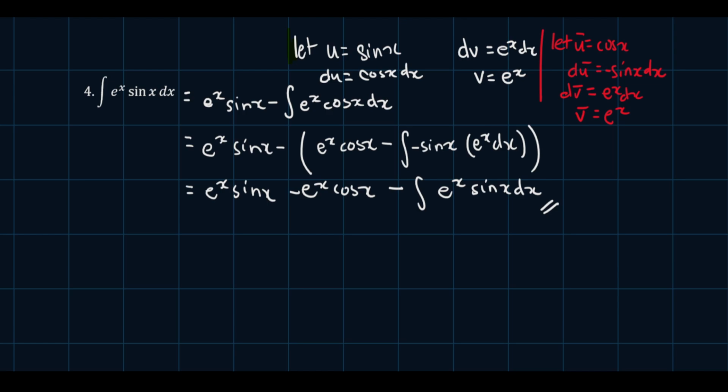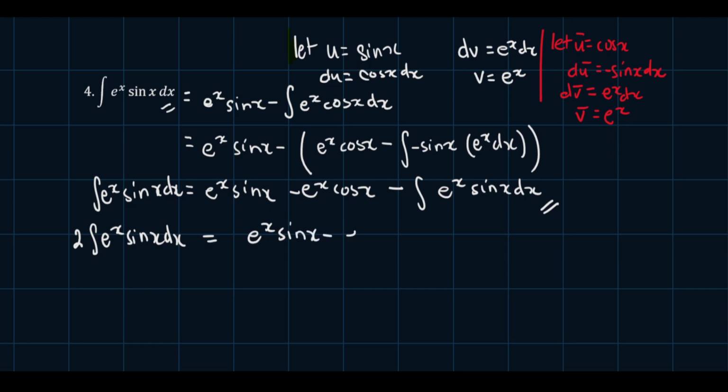Okay, as I was saying, gagamit tayo ng concept sa algebra kung saan we treat this and yung original integral natin as like terms. So, sulat ko ulit siya dito, e raised to x sine x dx. What we do, lilipat lang natin tong nasa right-hand side sa left-hand side. So, we have 2 times the integral ng e raised to x sine x dx equal to e raised to x sine x minus e raised to x cosine x.